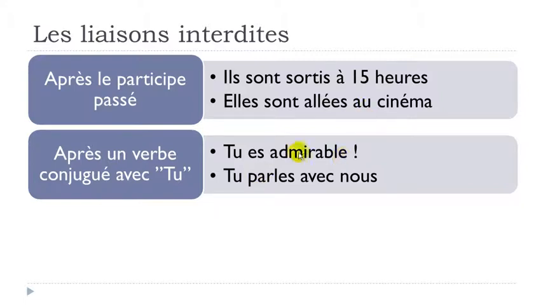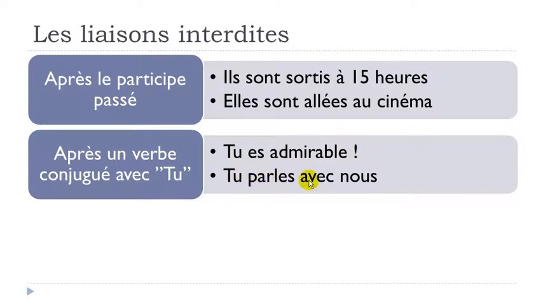So in that case, if you look at the sentence, you've got first your subject, tu, and then here you get es, the verb être, second person of the singular, so tu es admirable. And in that case, don't make the liaison. Tu es admirable, and it will be exactly the same thing here.